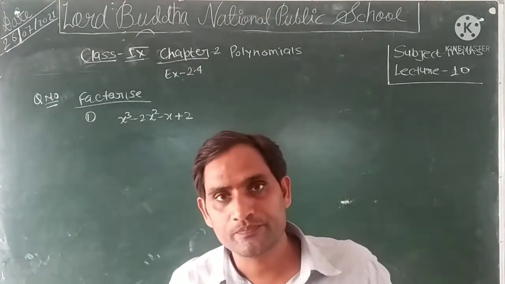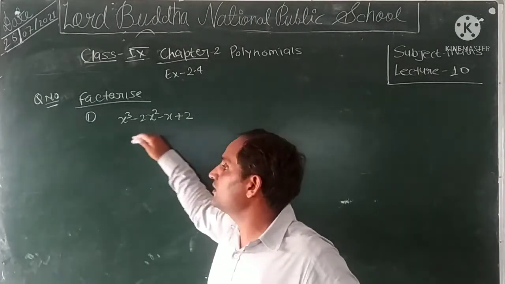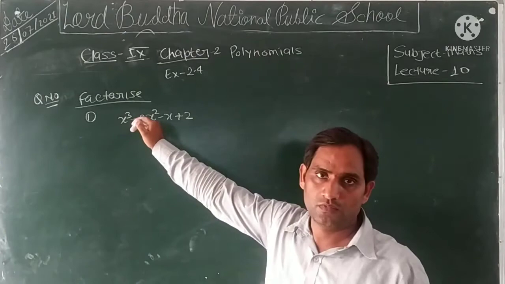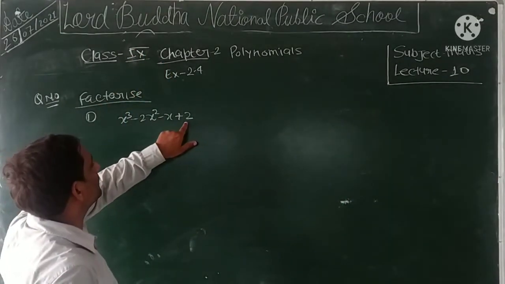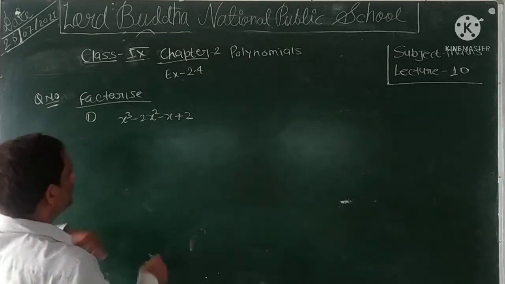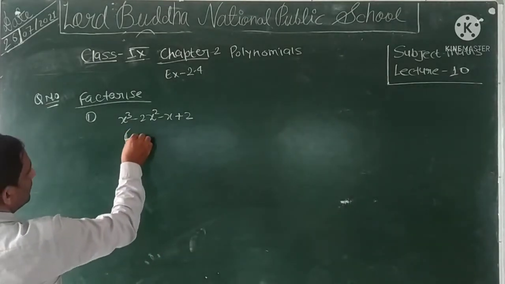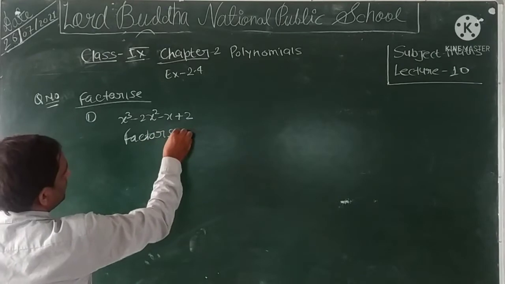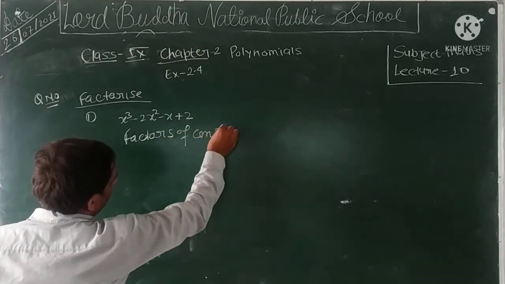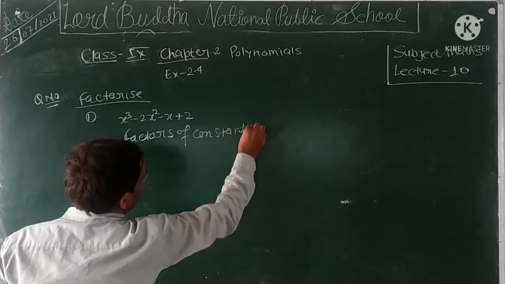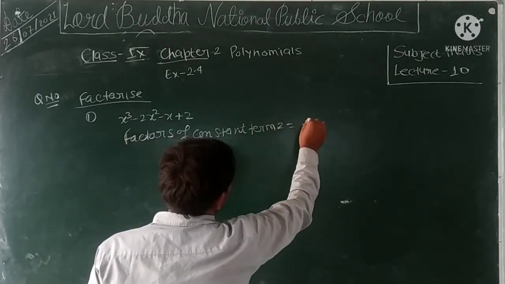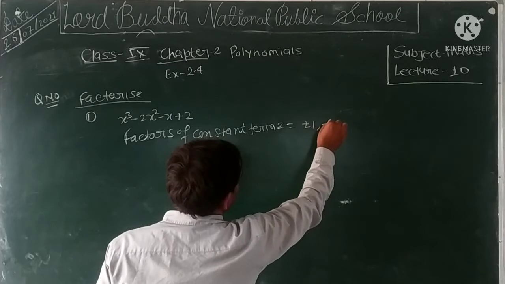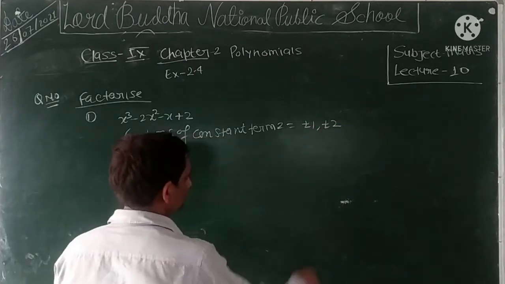Now we see all the possible factors of the constant term 2. Factors of the constant term 2 are plus minus 1 and plus minus 2.